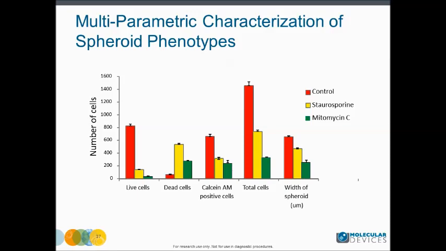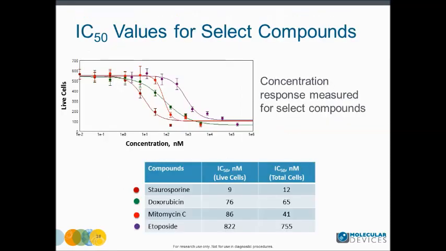Those different readouts allow us to characterize specific responses to compounds. The number of live cells or other readouts can be used to define IC50 for different compounds and compare compound potency. So here are presented IC50s in nanomolar for a number of tested compounds.